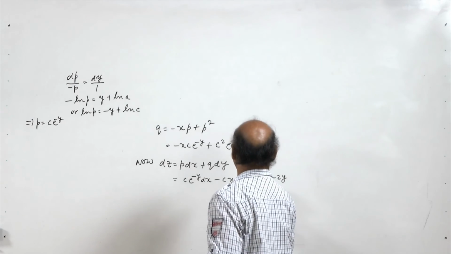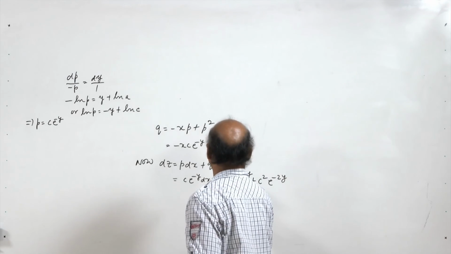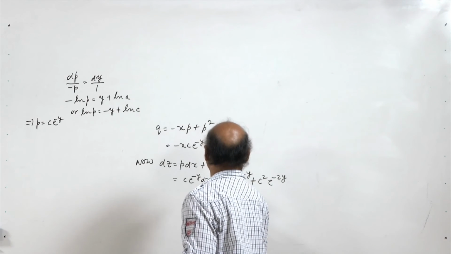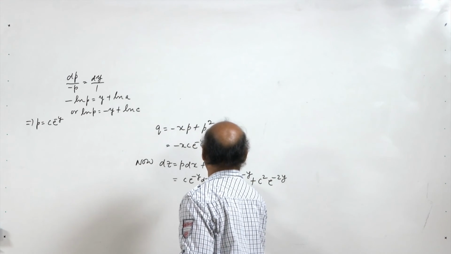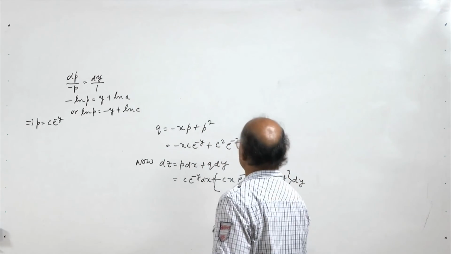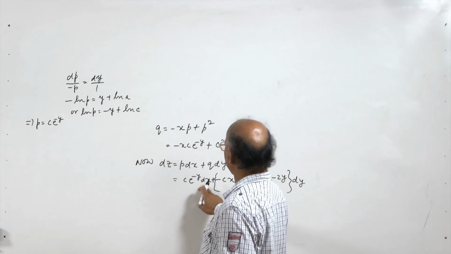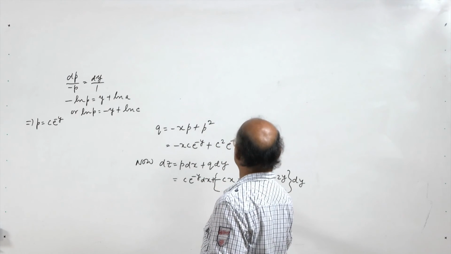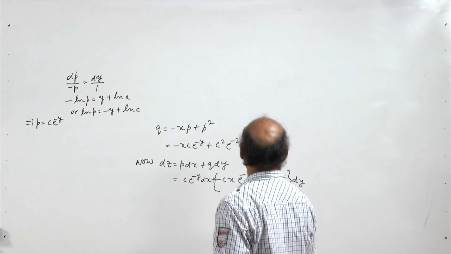I think we have to write dy everywhere, so let me write it like this. This is p: c e to the power minus y dx, plus q, which is minus cx e to the power minus y plus c square e to the power minus 2y, dy.